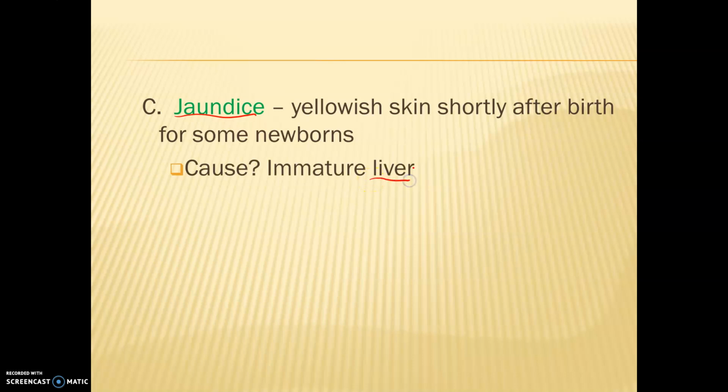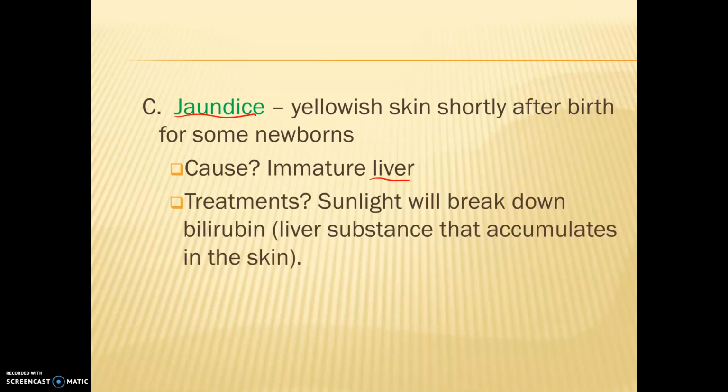Jaundice is a really big indicator for different liver conditions. In infants, it's an immature liver. For adults, it could be liver disease. For infants specifically, sunlight is going to break down bilirubin, the substance that causes the jaundice and accumulates in the skin.